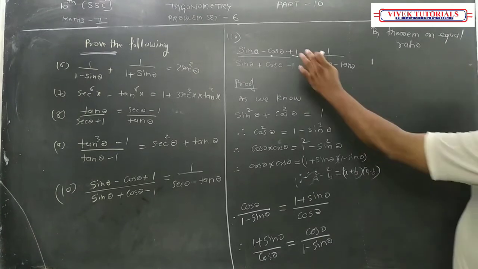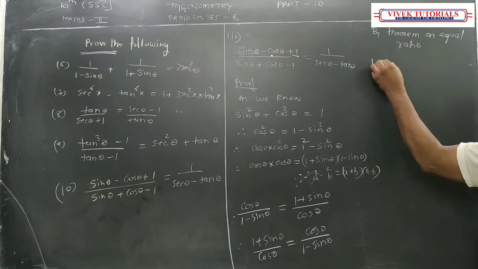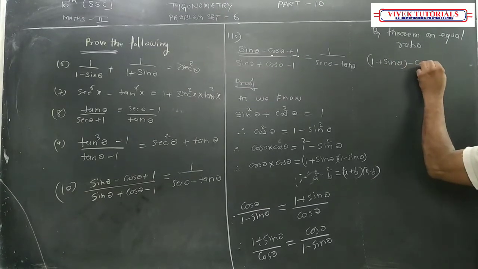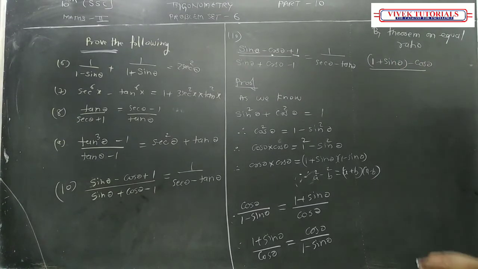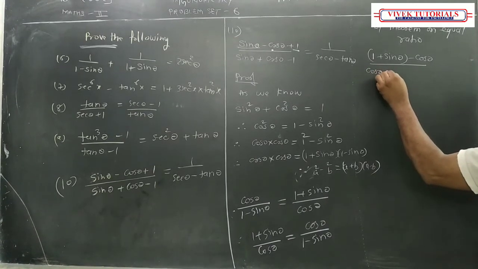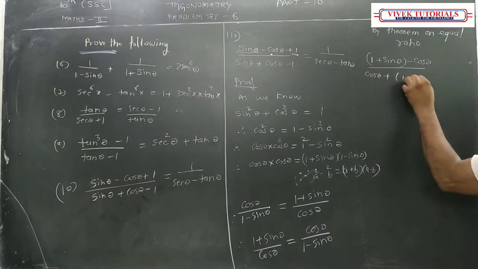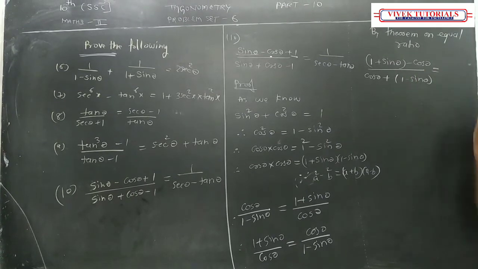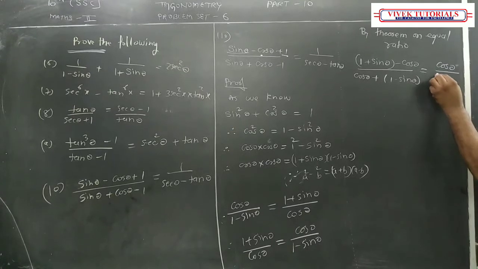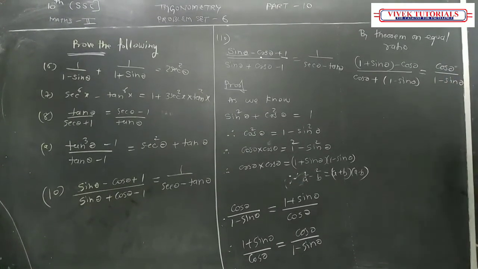As it is minus cos theta, I will write 1 plus sin theta minus cos theta upon cos theta plus 1 minus sin theta is equal to cos theta upon 1 minus sin theta.